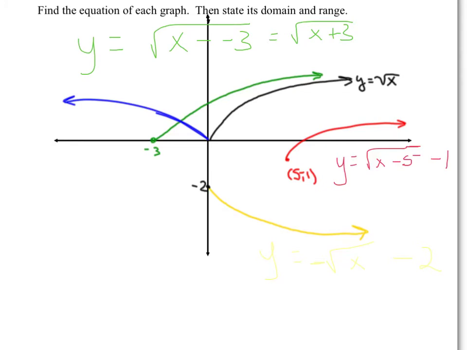Okay, and then finally, the blue one, this didn't shift the vertex, no shift in H or K. So there's no shift in the H or the K. What did shift with that is that now, look at the domain.